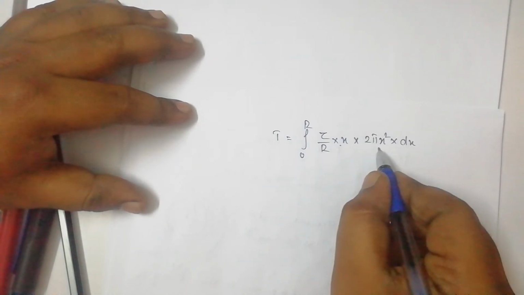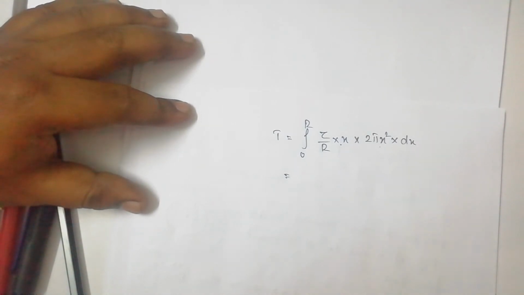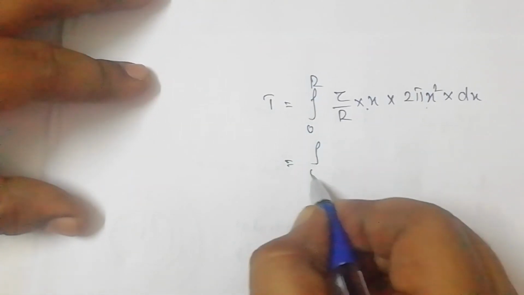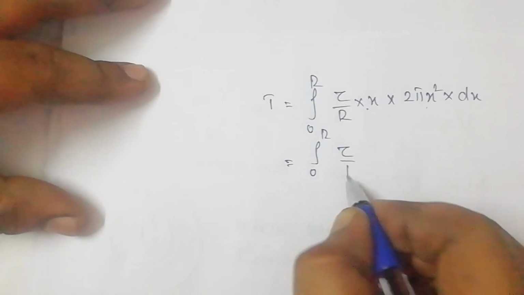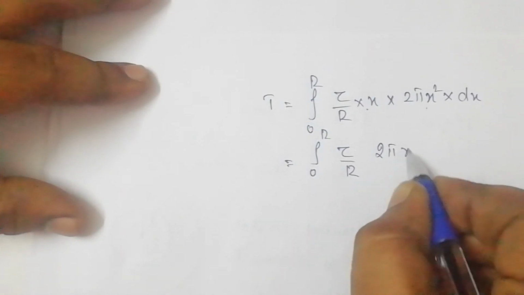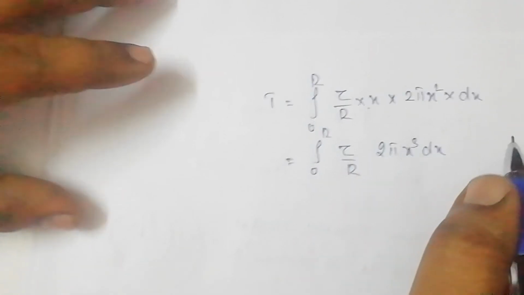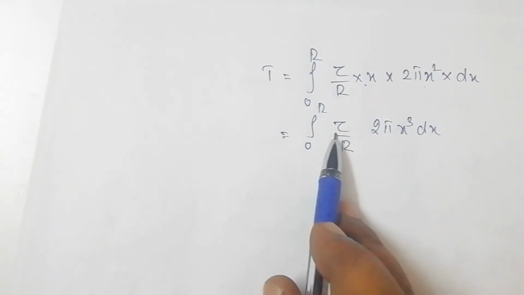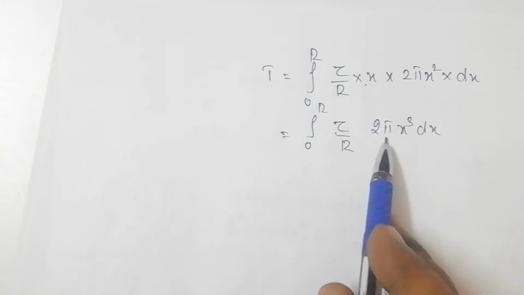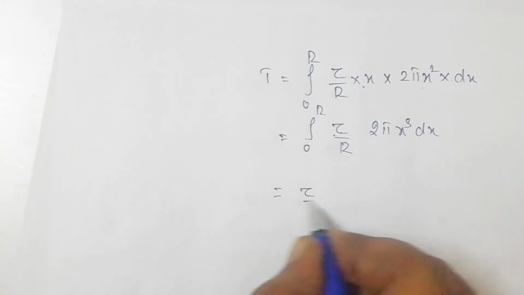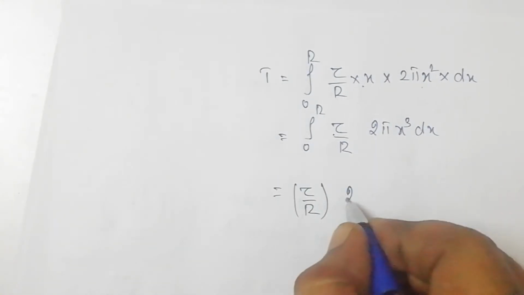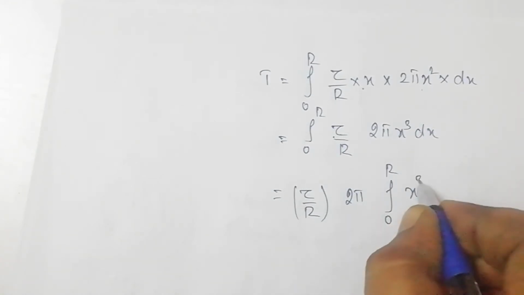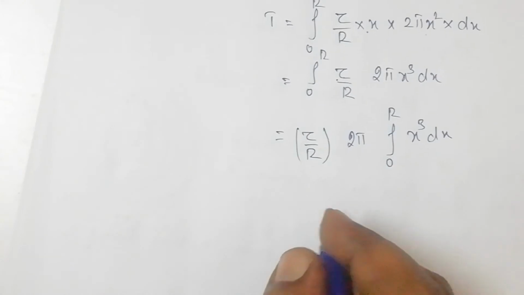So this x again multiplies, so it will become integral 0 to r tau by r of 2 pi x cube dx. In this, tau is for the whole surface, so tau by r and 2 pi are common, so we will write tau by r 2 pi integral of 0 to r x cube dx.